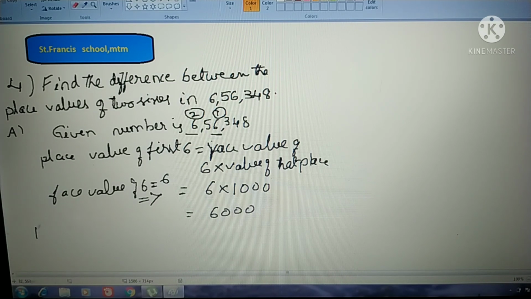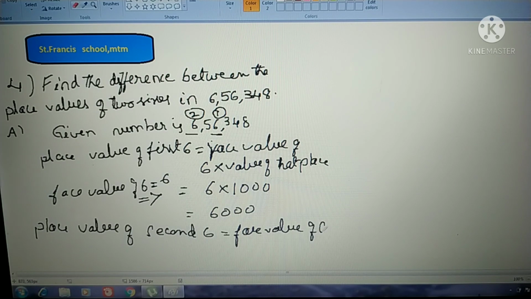Next find out the place value of the second 6. Second 6 equal to face value of 6. Again formula. Face value of 6 into value of that place. For this 6, what is the face value of 6?